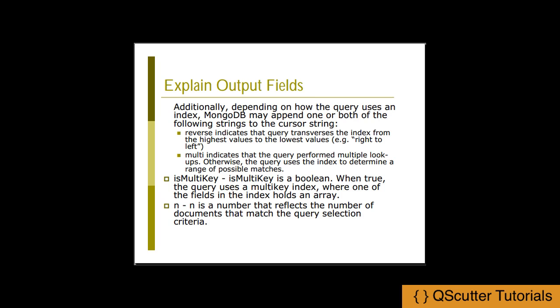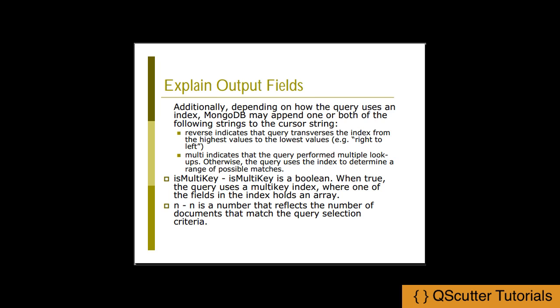Additionally, depending on how the query uses an index, MongoDB may append one or both of the following strings to the cursor string. Reverse indicates that the query traverses the index from the highest value to the lowest value. Multi indicates that the query performed multiple lookups. isMultiKey is a boolean.